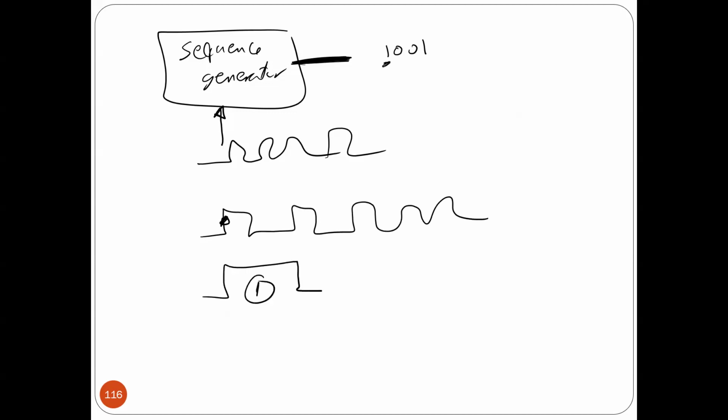Every edge, either positive or negative depending on what kind of flip-flop you are using, changes the output. If it is a positive edge, in the next clock you get 0, which is this one here.